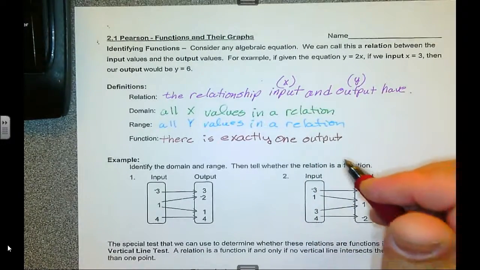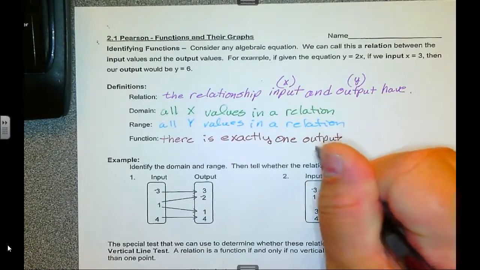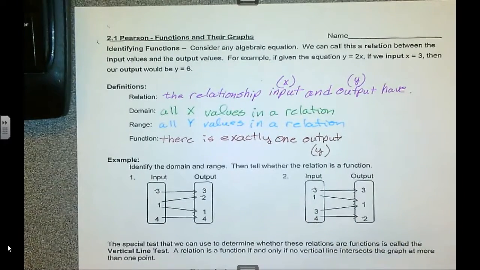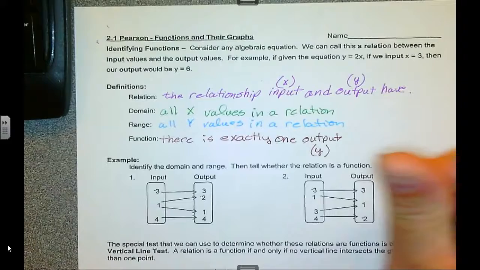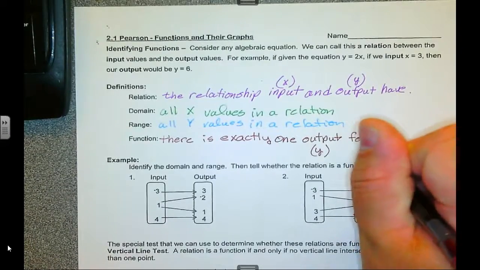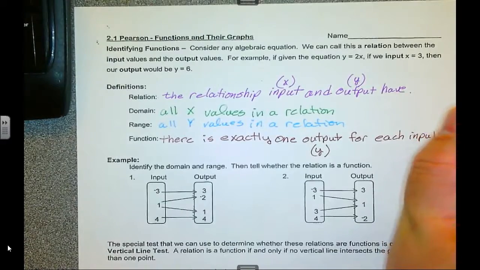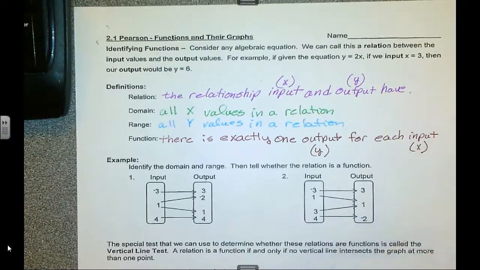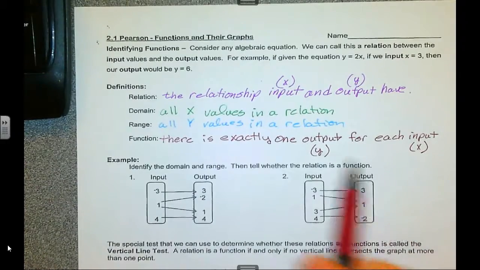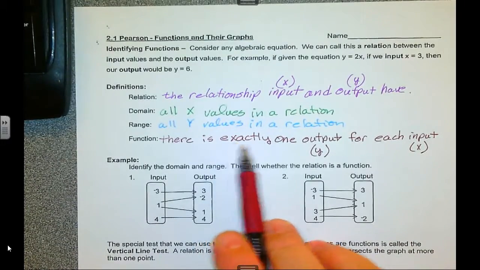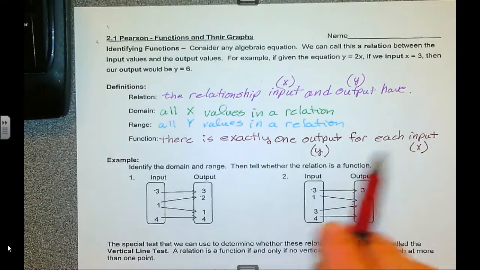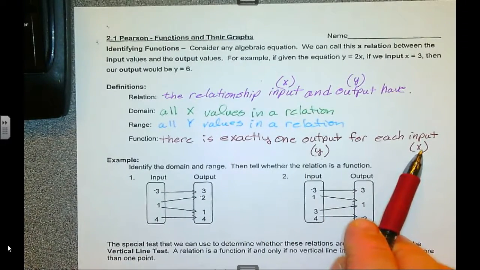Now, what's the output? Y. So there's exactly one y for each input. And our input is x. What this says is there's exactly one output y for each input x.